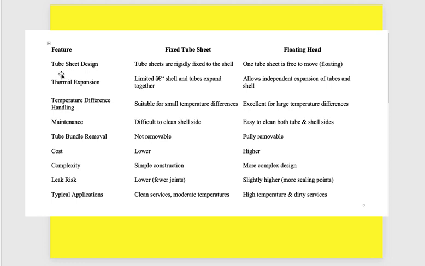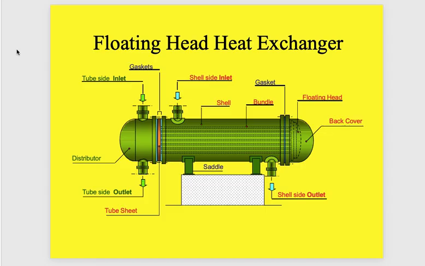The feature here is tube sheet design. The tube sheets are rigid, fixed to the shell, as we see in the drawing. In comparison, in the floating head, one tube sheet is free to move, which is on the right, as we see in the diagram, like this.